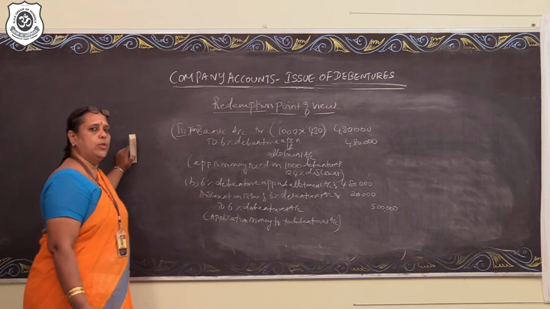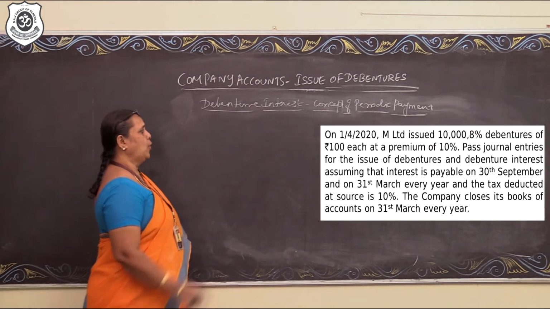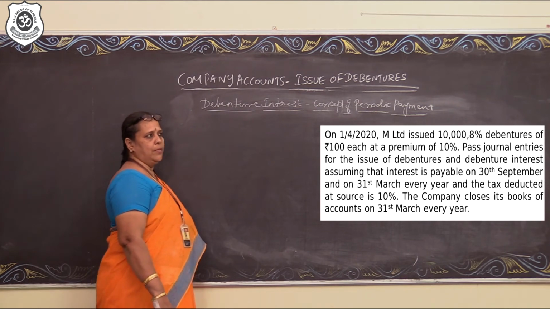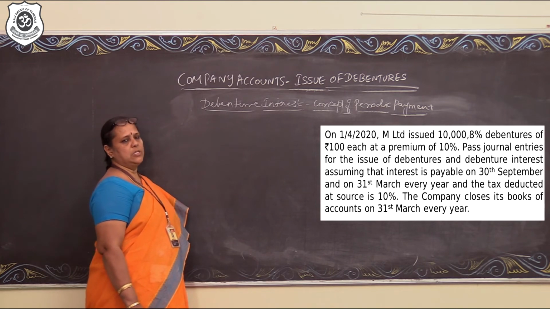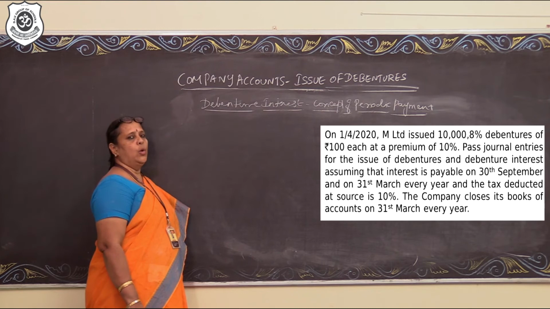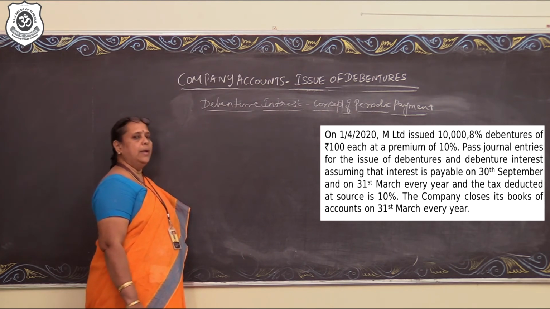Now we shall be going to the next problem. So the next question we are going to discuss about is debenture interest concept of periodic. Now I have given a question wherein the company issues 10,000 8% debentures of ₹100 each at a premium of 10%, and you are asked to pass journal entries for the issue of debentures and the payment of interest every 6 months.